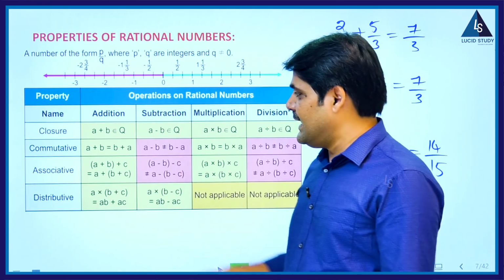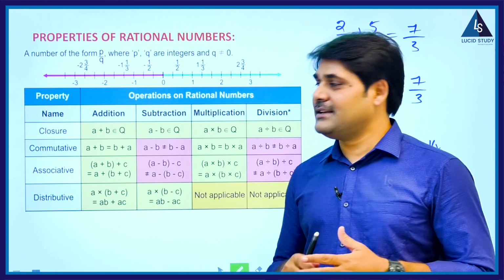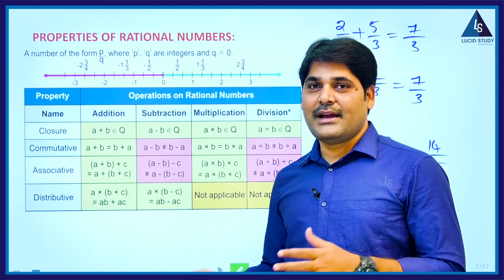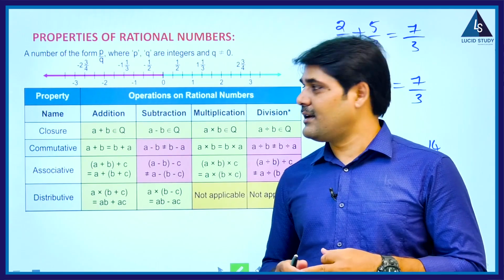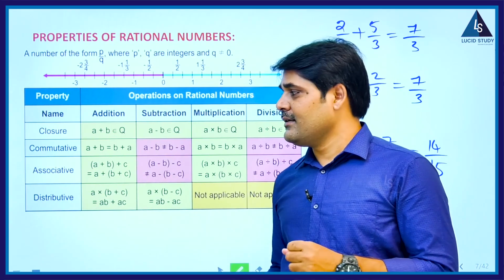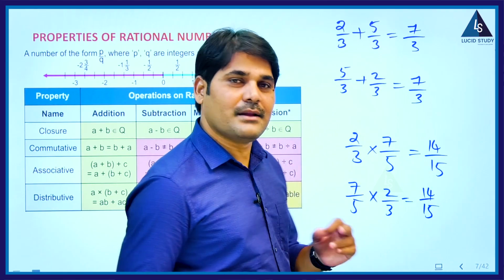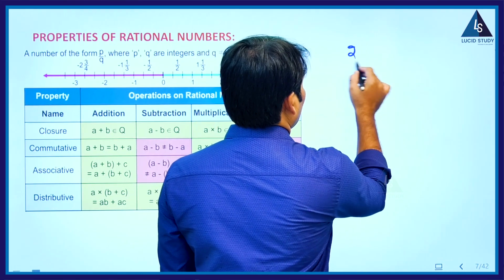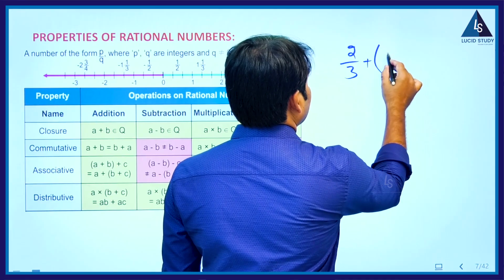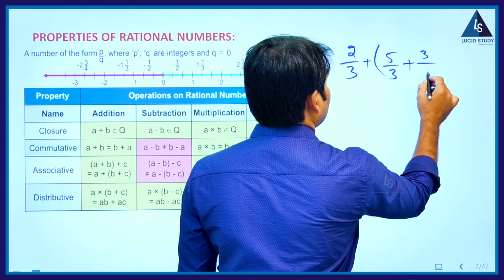Okay, right. Next, associative. Associative is very easy. See here, we have to consider three rational numbers here. Up to now we have taken only two, but in associative how many do we have to take? Three we have to take. Okay, I will take three rational numbers. So I will take, see, 2 by 3 plus 5 by 3 plus 3 by 3.